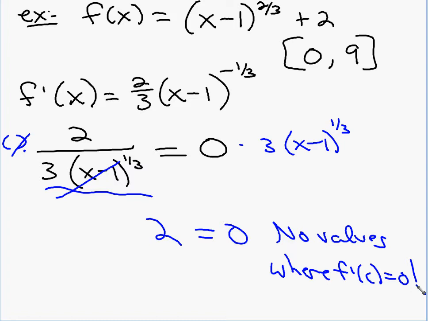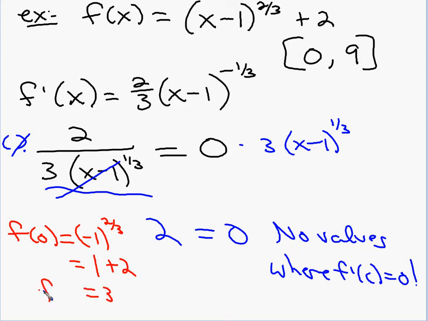What would f of 0 be? Well, f of 0 would be 0 minus 1, which is going to be negative 1 to the 2/3 power. So that's the cube root of negative 1 squared, or the cube root of 1, which is just 1. So this is going to be 1 plus 2. So f of 0 equals 3.